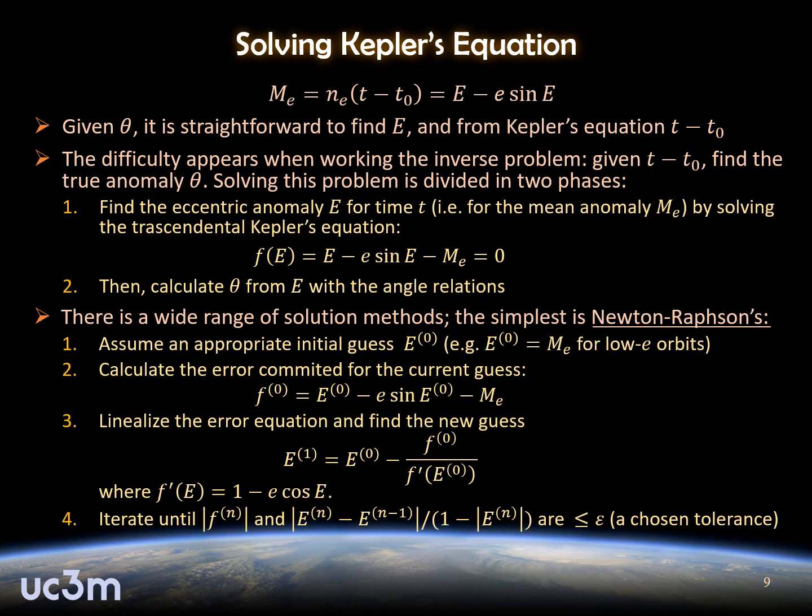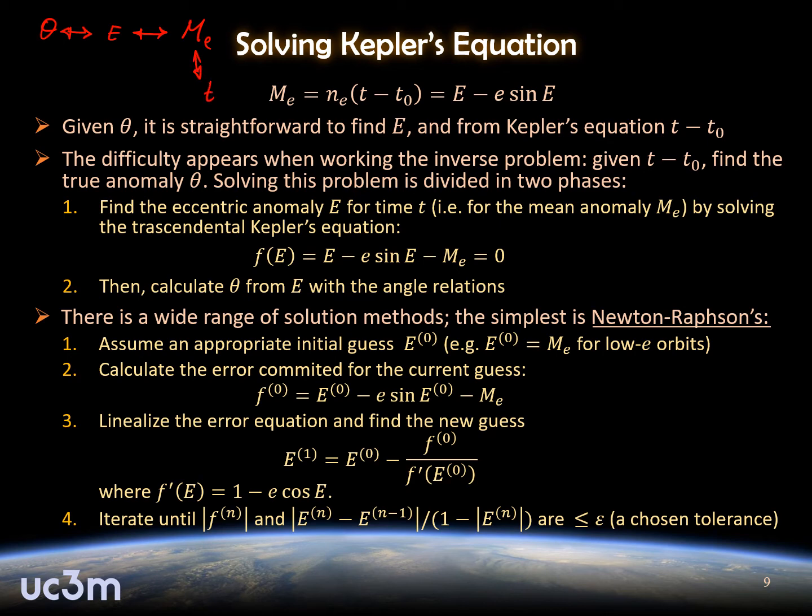Now that we have Kepler's equation for the elliptic case, let us see what we can do with it. Basically, there are two directions that we want to work with this equation. One possibility is that we know theta, and from theta we can find the value of E, and from E we can then find the value of M, which is the same, of course, as finding the value of t.